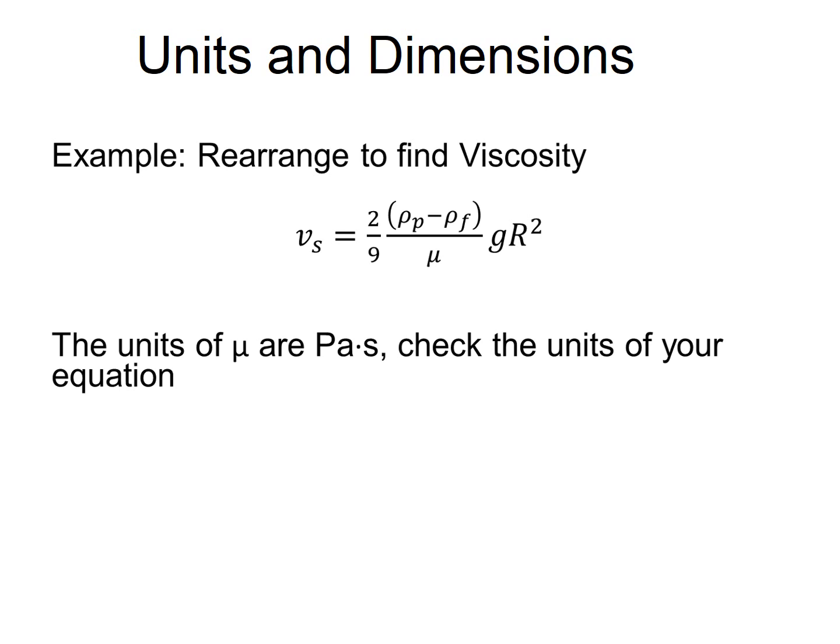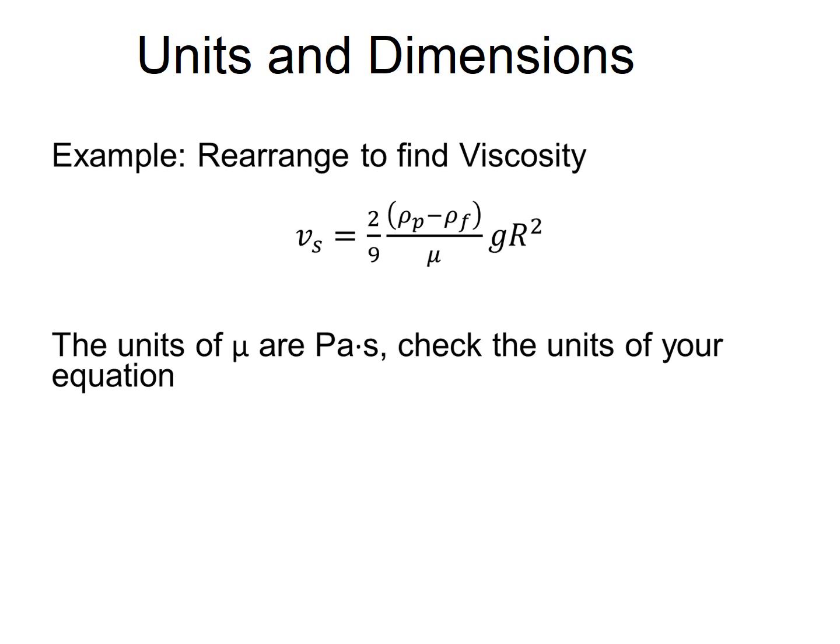What I then need to do is look at the units of all of the things on this side of the equation and figure out if that also is in Pascal seconds. So the first thing I need to do is figure out what Pascal seconds are, because that is not an SI unit.